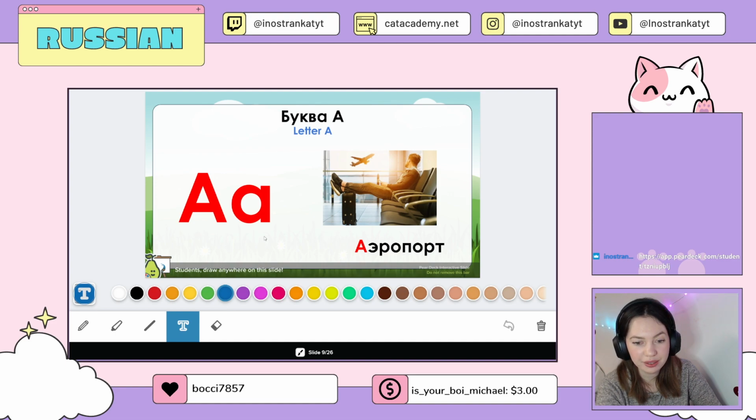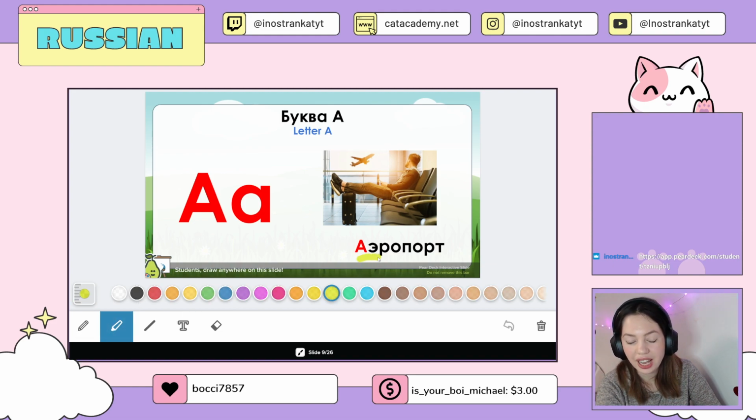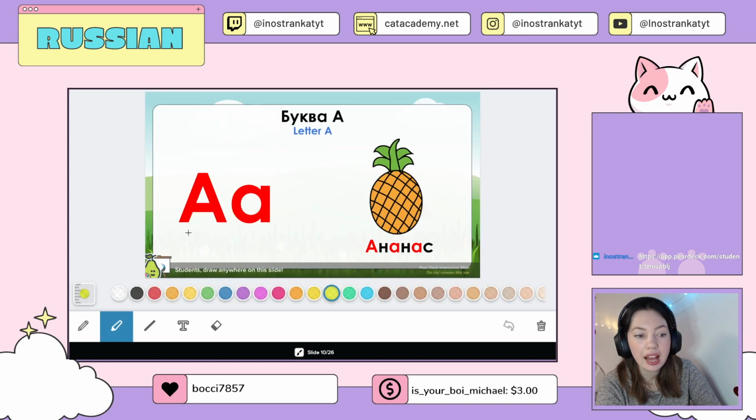Last lesson we found out that the word aeroport begins with bukva A. So today we're going to learn a few more words that begin with bukva A. Ananas.